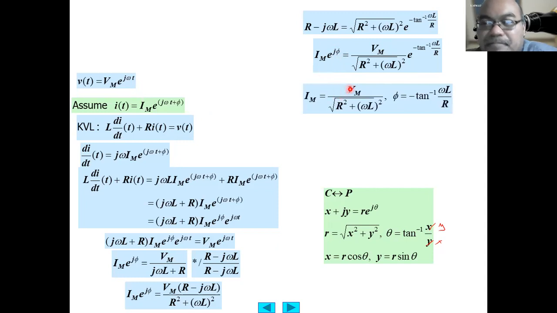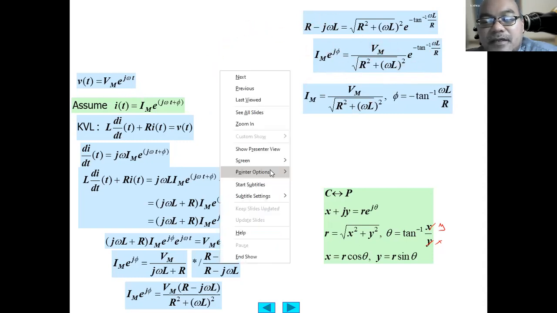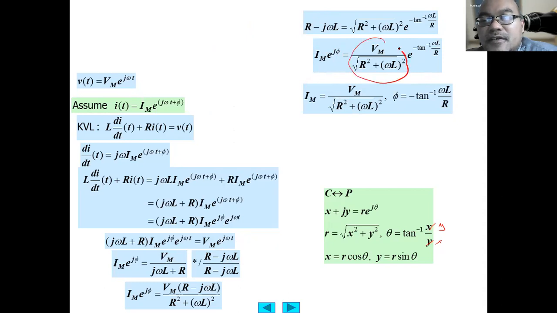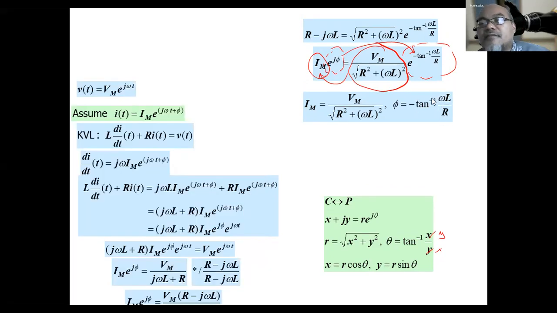So Im equals, from this expression, we know that this corresponds to this value, and this one corresponds to this value. So Im equals Vm divided by the square root of R squared plus omega L squared, and the phi here equals minus arctangent of omega L divided by R.